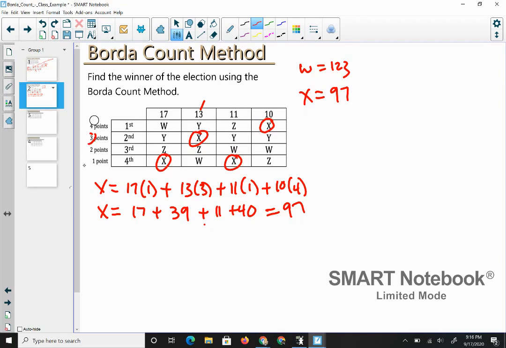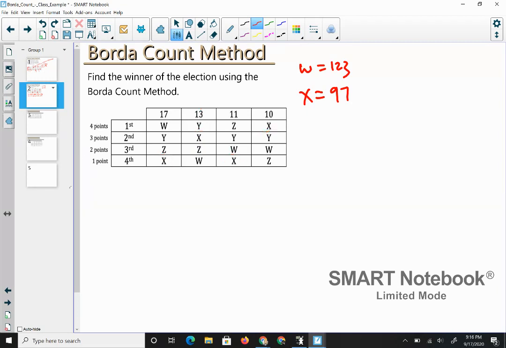All right, let's erase everything out of here. And now we will move on to candidate Y. We see that Y has 17 votes times 3 points, 13 votes times 4 points, plus 11 votes times 3 points, plus 10 votes times 3 points.